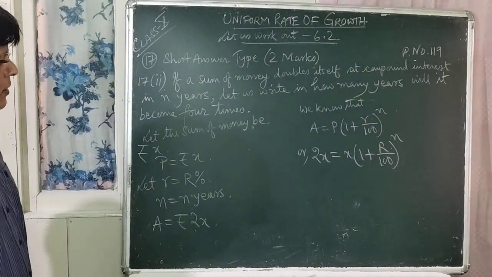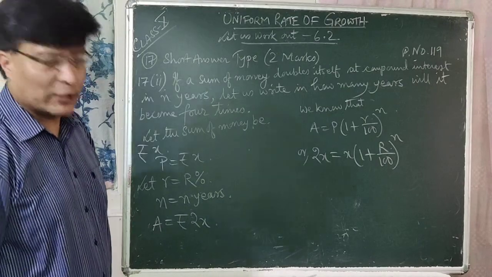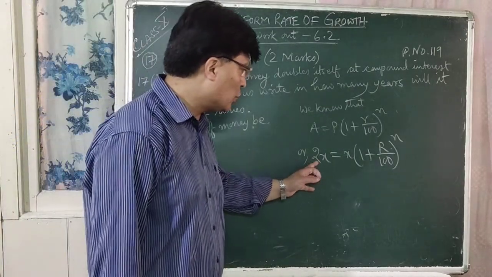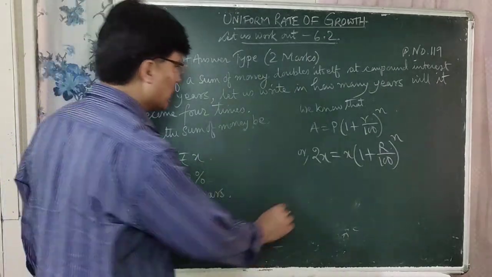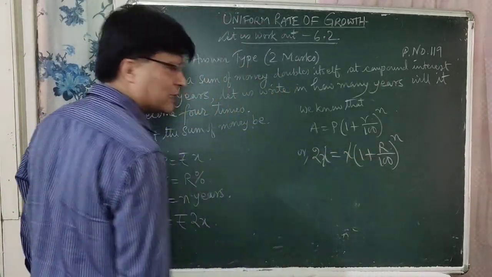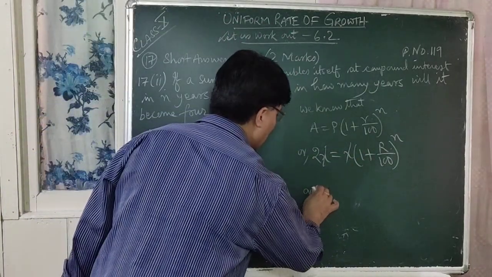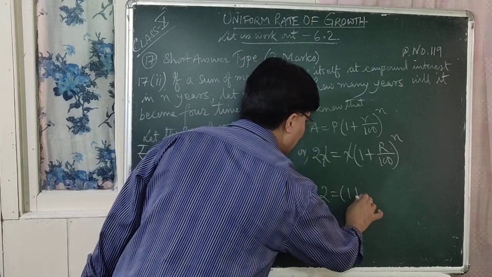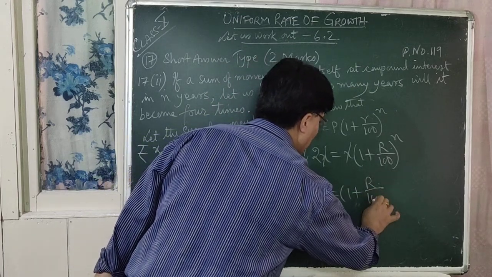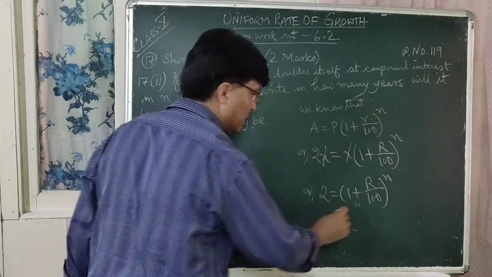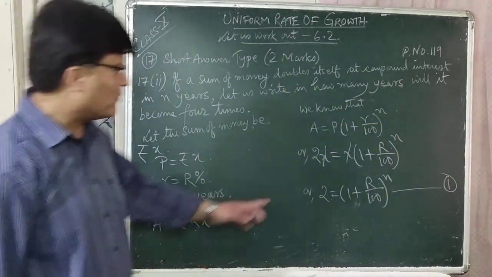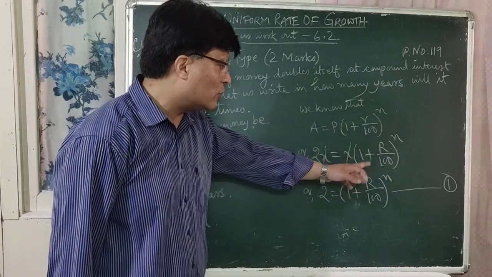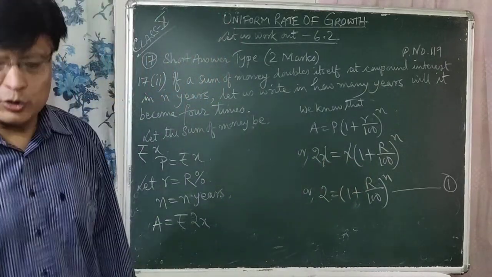So we get 2x is equal to x into 1 plus R upon 100 whole to the power n. Okay, so x gets cancelled, or you can write 2 is equal to 1 plus R upon 100 whole to the power n. So let us mark it as number 1. So the value of 1 plus R upon 100 whole to the power n is 2, right?